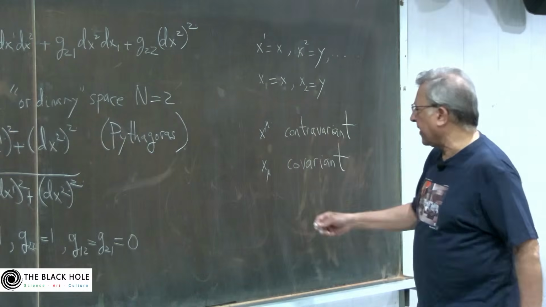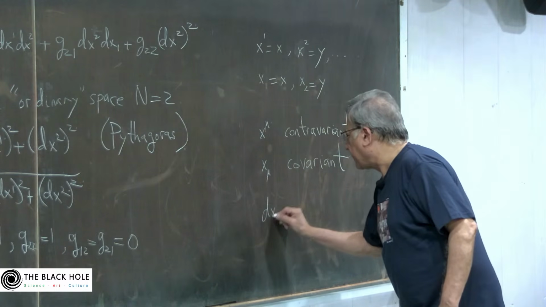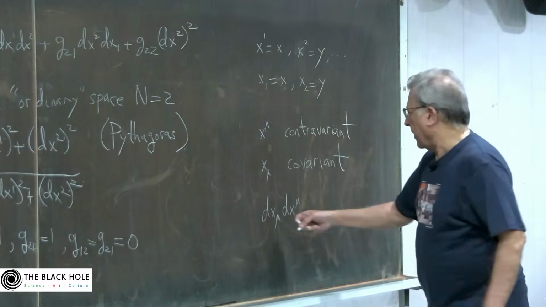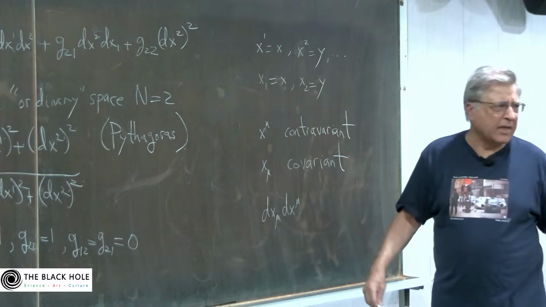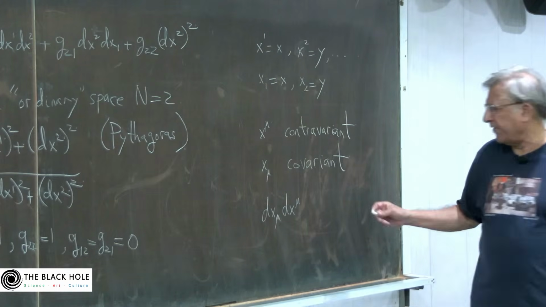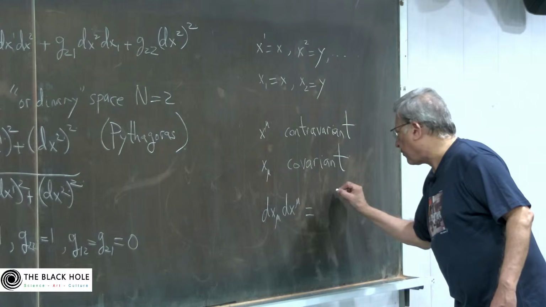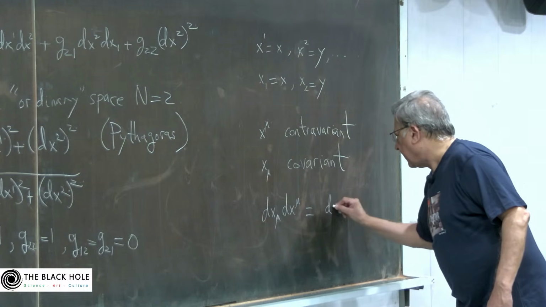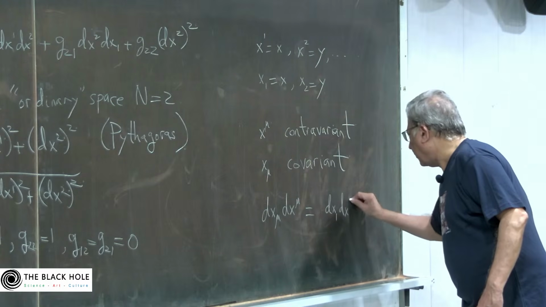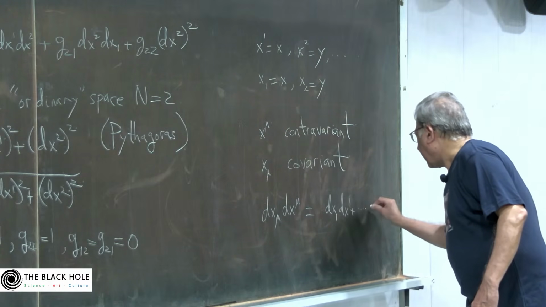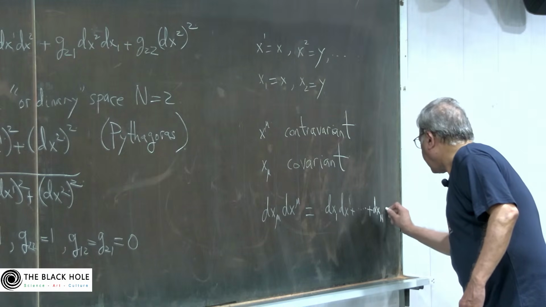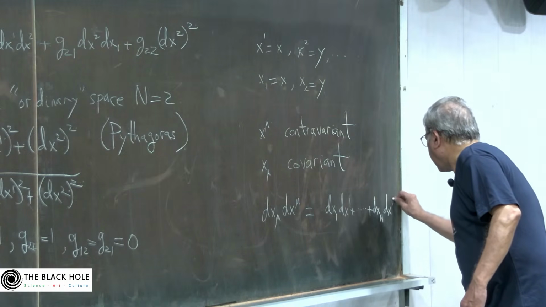And something like this, dx^mu dx_mu, again with repeated indices, and that you all know is the Einstein summation convention. That is short for dx1 dx1 plus, and the last one being dxn dxn.